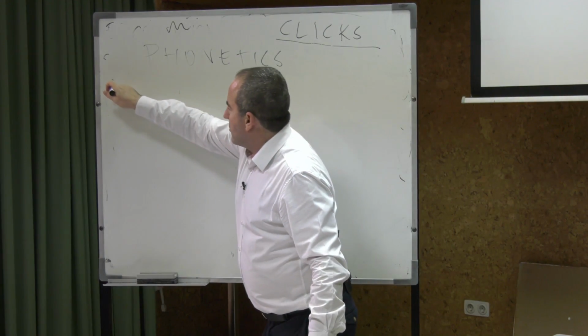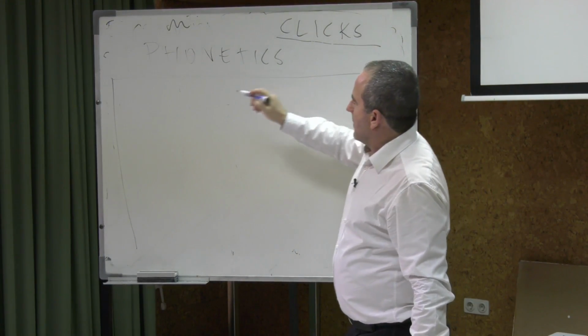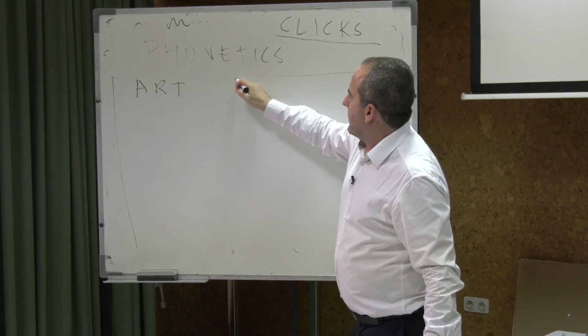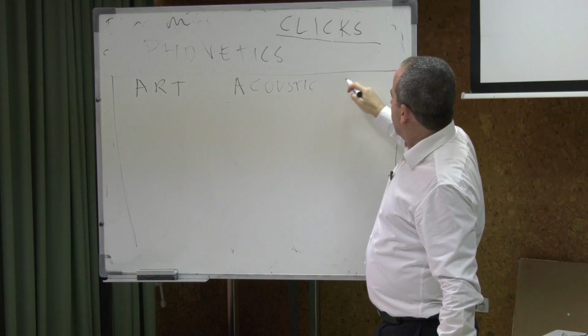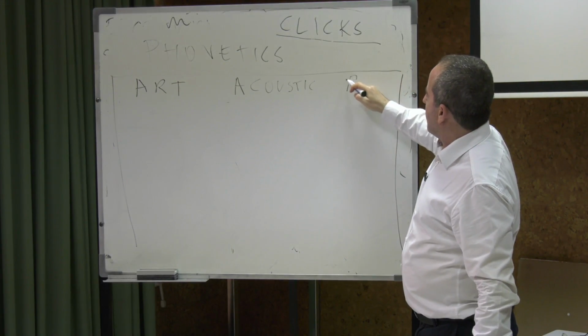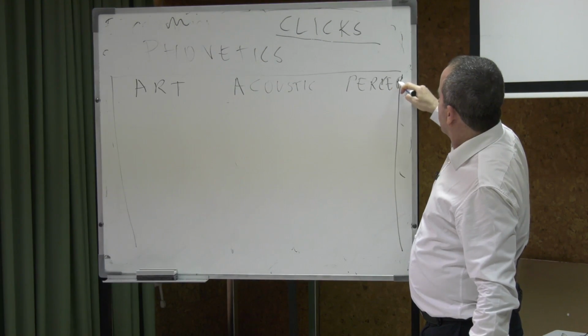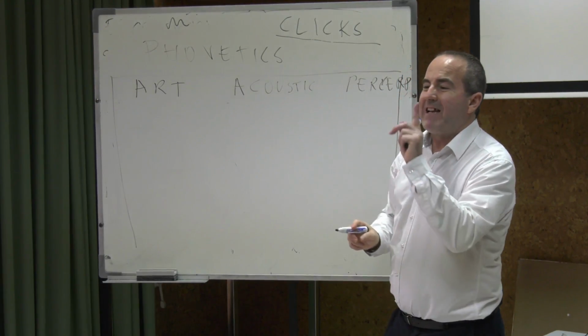I'm going to draw some kind of diagram here. We are going to put here articulatory phonetics. Here we have the characteristics in acoustic, and here perceptive phonetics, so perceptual phonetics. Okay? Let's see how they are related.